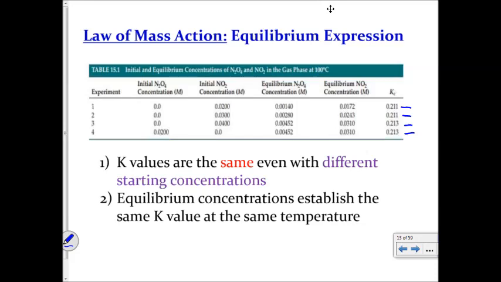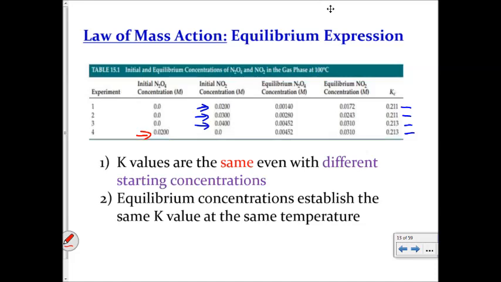The first trial run, they start with the NO2. Second trial run, they're starting with more of the NO2. And the third one, they start with even more. The last trial run, they're starting with the product, with the reaction here.